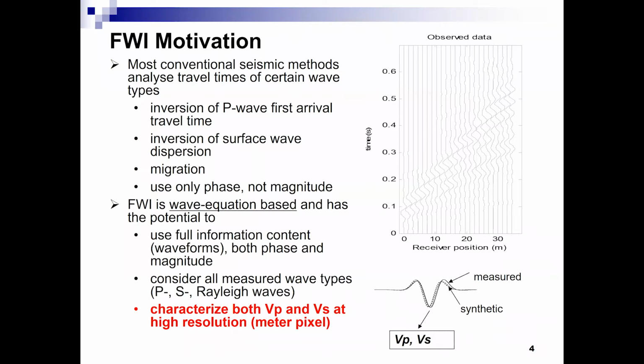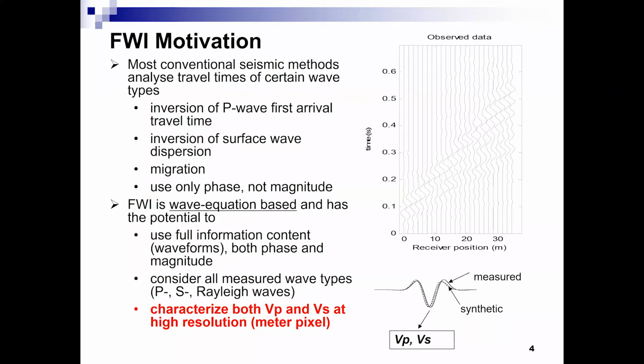The wave equation based full waveform inversion approach has potential to use the full information content, or waveform, of the measured data. It uses both phase and magnitude of the measured data, because conventional methods only use the phase velocity without the magnitude.